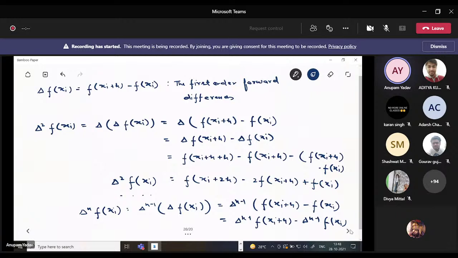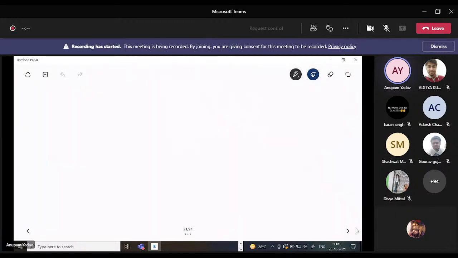So what we'll do is create a table for it. This table will help us if we want to evaluate the first, second, third, fourth, fifth order differences manually. Suppose this data is given to us. This is how we'll write the forward difference table. This is important, please watch it carefully.